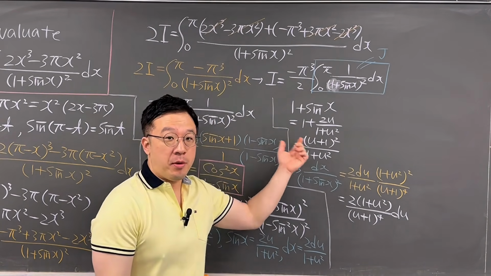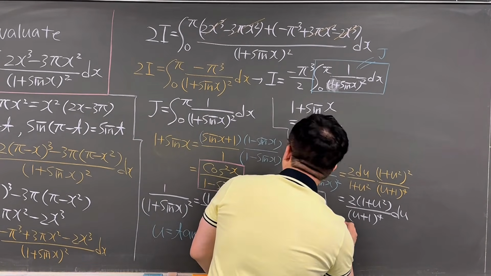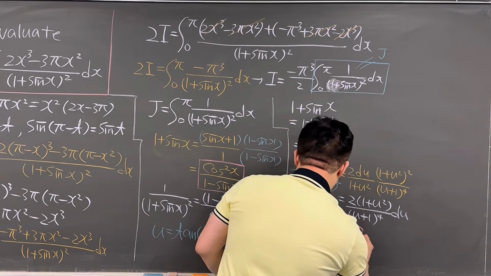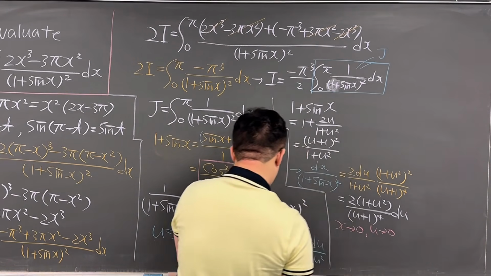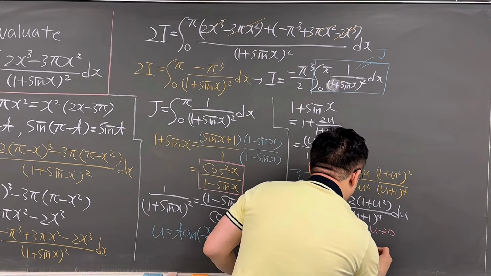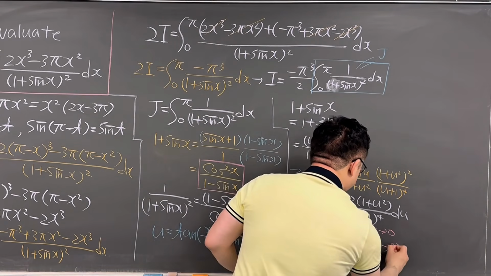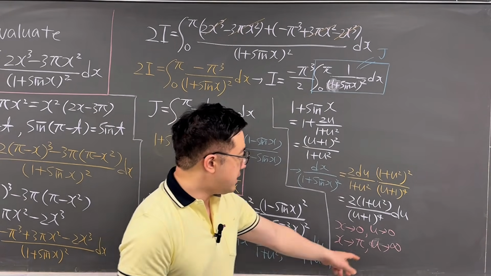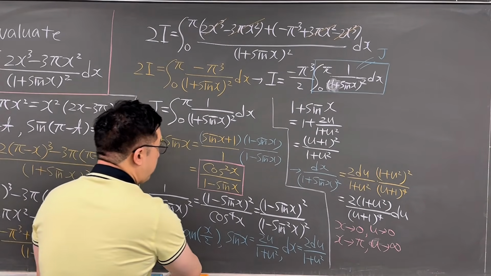So the lower bound and the upper bound, using the u. When x is going to 0, your u is also going to 0. And when x is going to pi, u is going to infinity. So the lower bound is now 0, upper bound is now infinity, if we're using u as the variable.